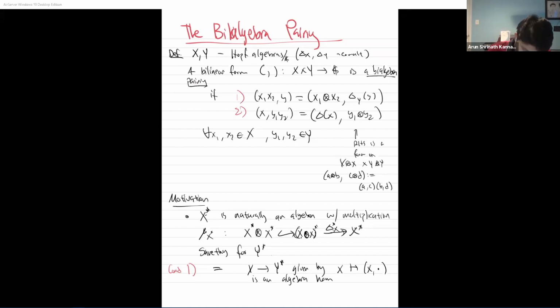And then condition 2 is this in the other direction. So this is the same thing as the map Y maps to X dual, given by y maps to the pairing with y, is an algebra hom.